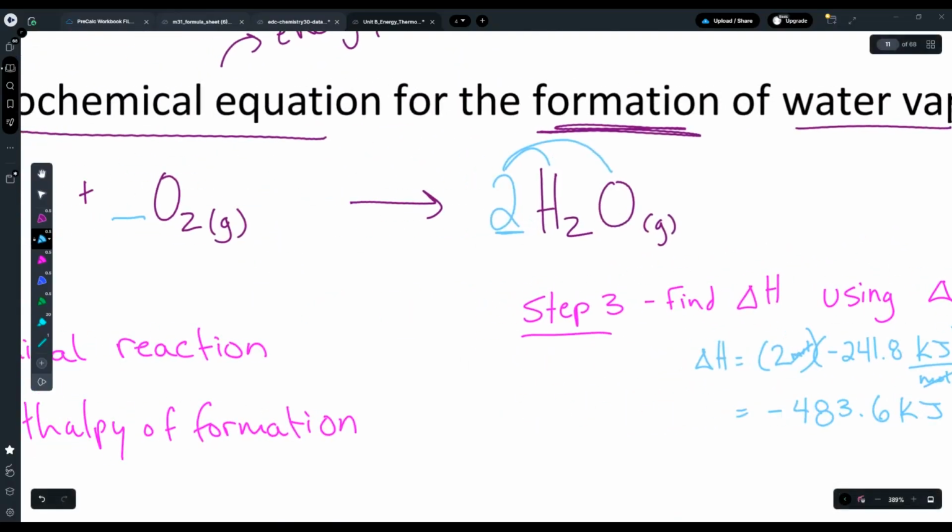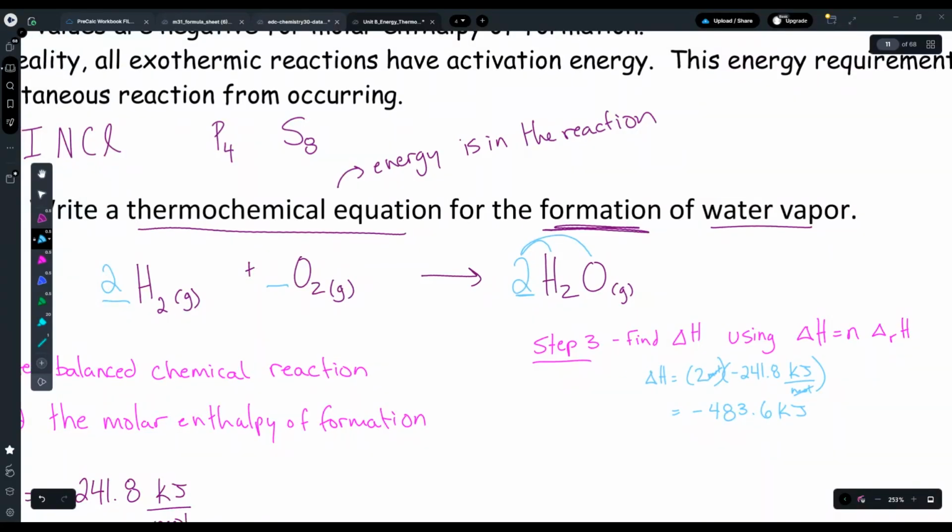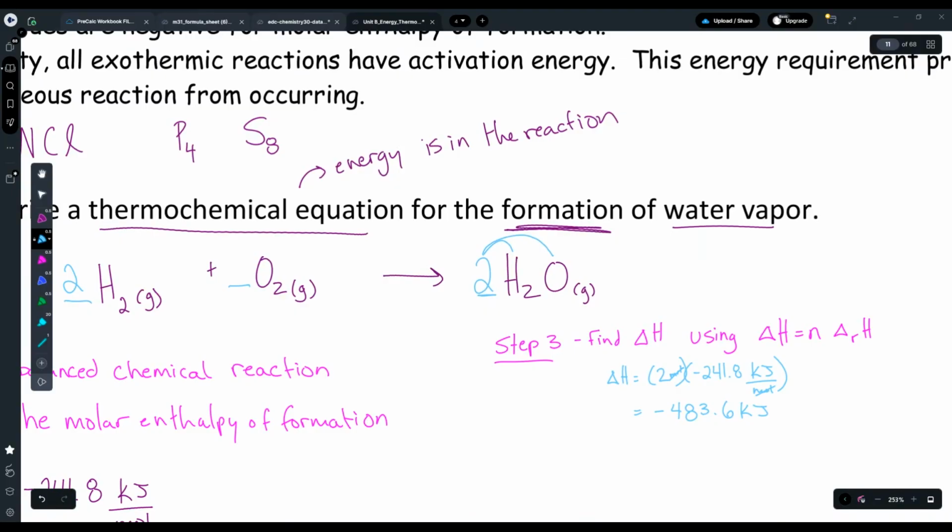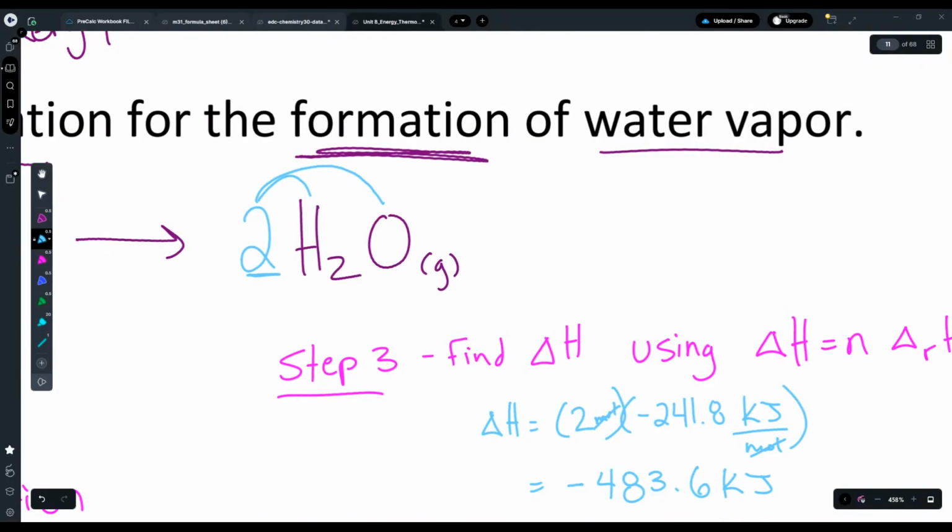So to write an actual thermochemical equation, I'm going to take that number, and because it's negative, that means put it on the product side. Okay, so I'm not going to write minus 483. I'm going to write plus 483 on the product side because writing it on the product side takes care of the negative.